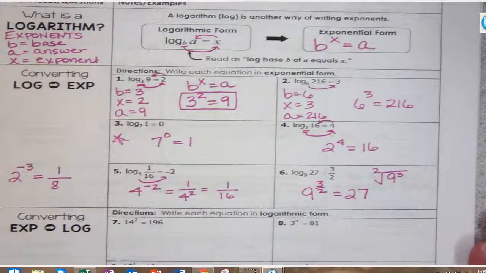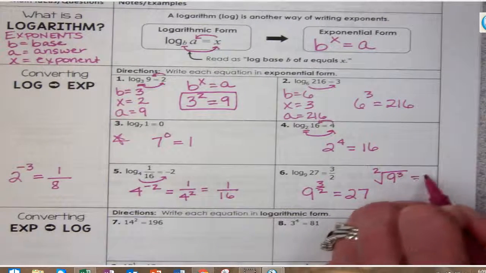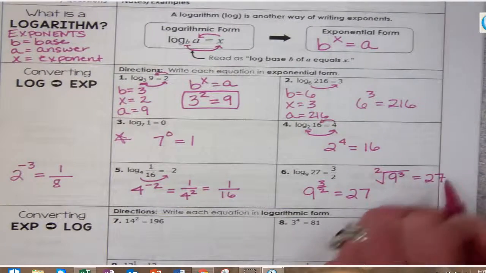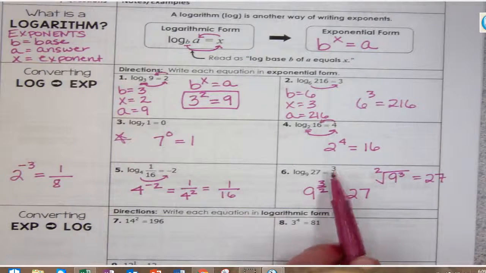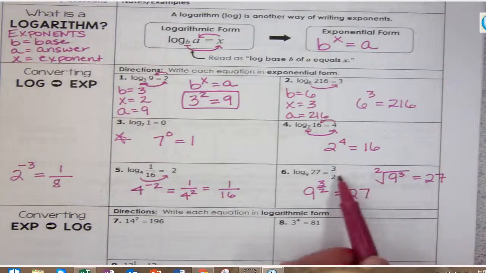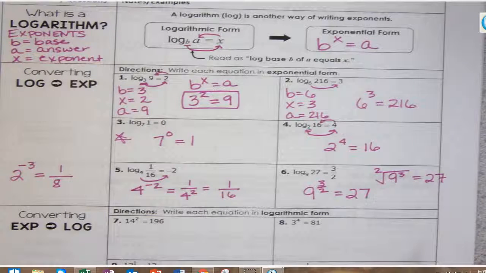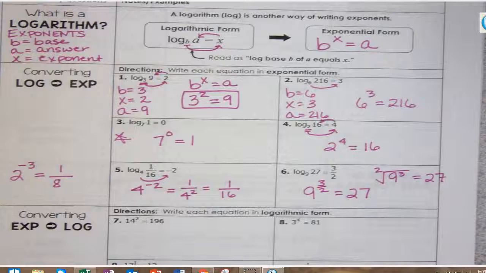We learned that, I think, last semester, so that's a little bit in the past. So the numerator is your power, and your denominator is the root that you're taking. Okay? So here's where some fractional exponents come into play.